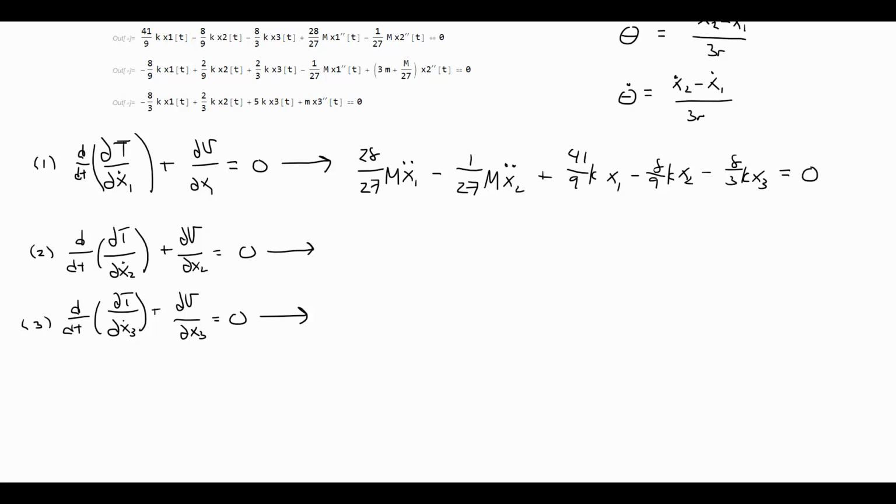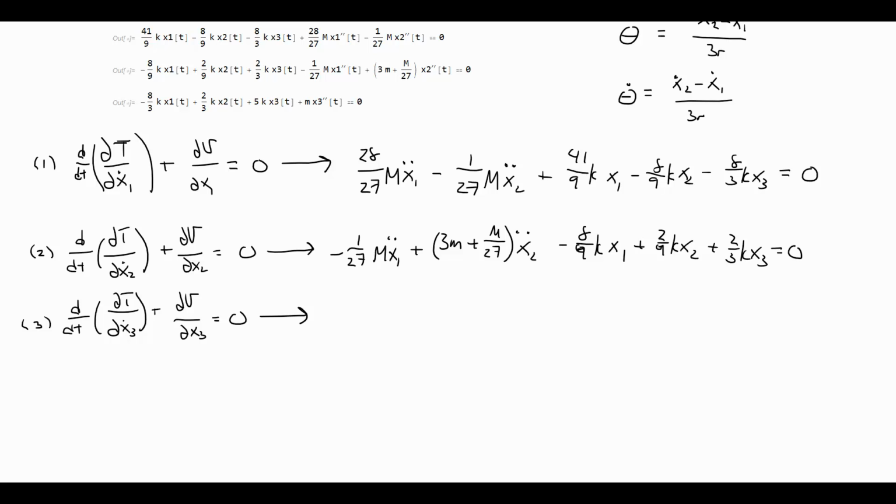From the second line, a negative 1 over 27 m x1 double dot plus, here we have a 3 little m plus M over 27 x2 double dot, and we have a minus 8/9 k x1 plus 2/9 k x2 plus 2/3 k x3 equals 0.